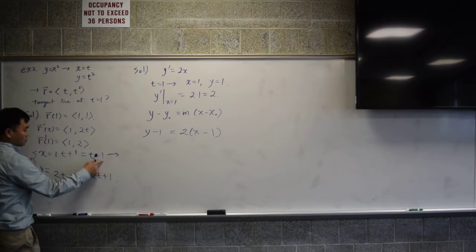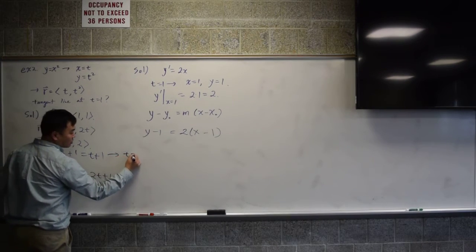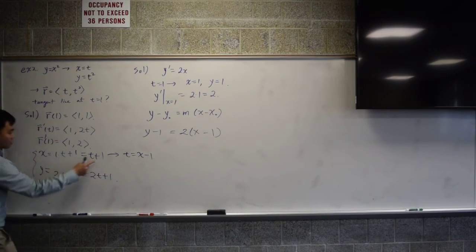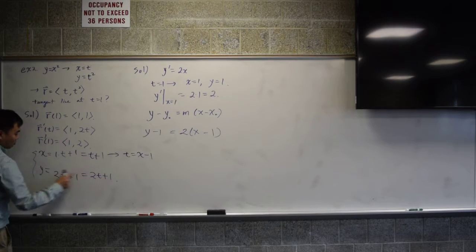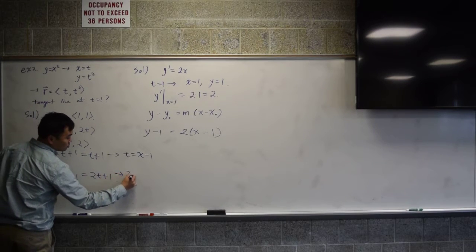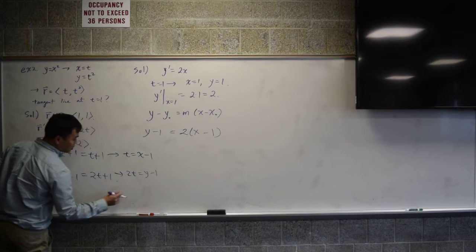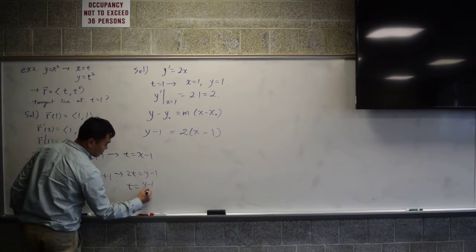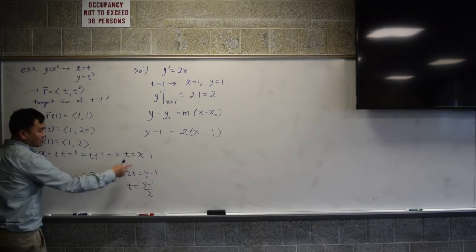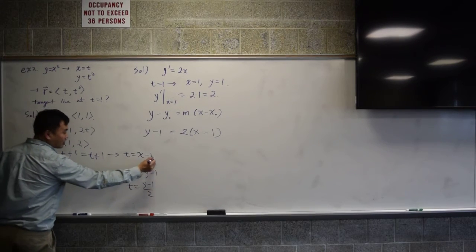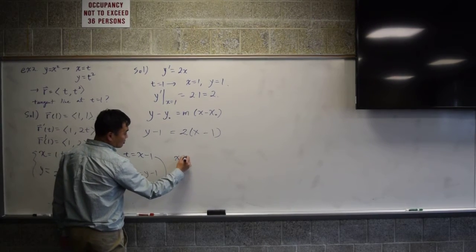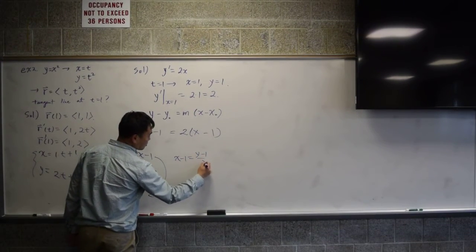So subtract 1, and you get t equals x minus 1. And if you subtract 1, you get 2t equals y minus 1, but then you have to divide by 2 in order to solve for t. And since they're now both equal to t, I can set them equal to each other, and we get x minus 1 equals y minus 1 over 2.